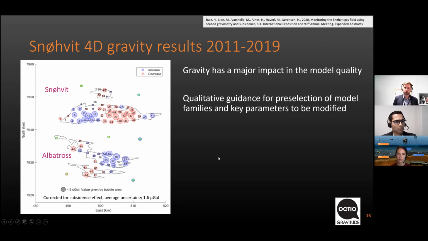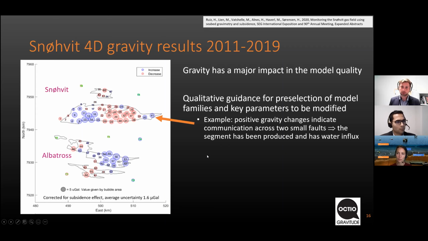The result from the 2019 data is that there's quite a big impact from using the 4D gravity data together with the reservoir model. It's improving the model quality. There are also some quite nice qualitative examples of how we can understand the developments in the field itself.